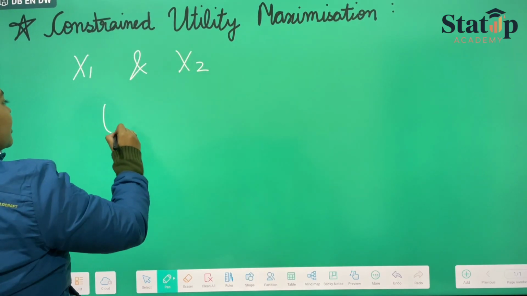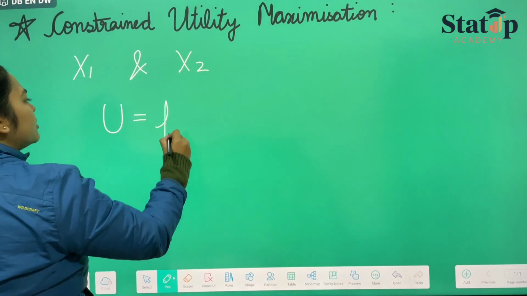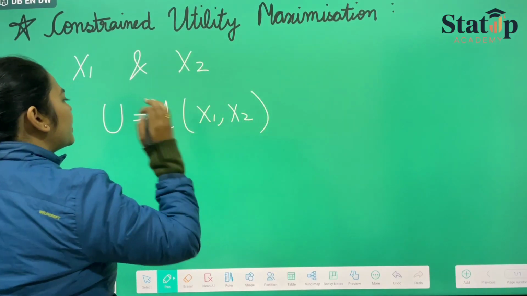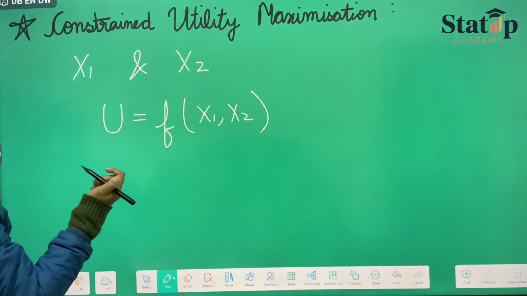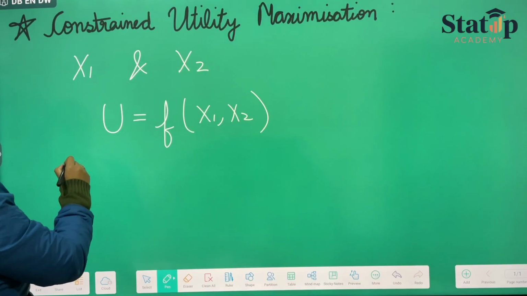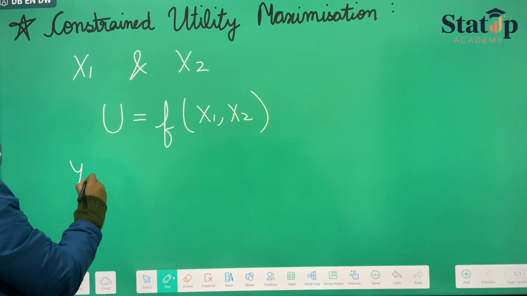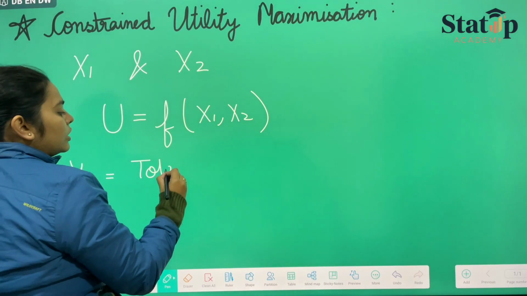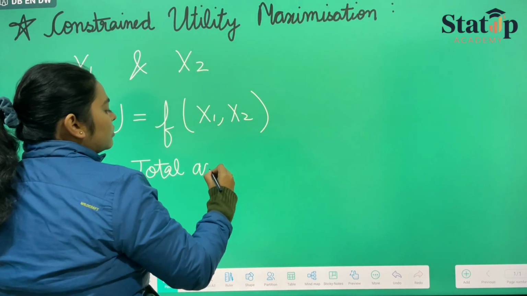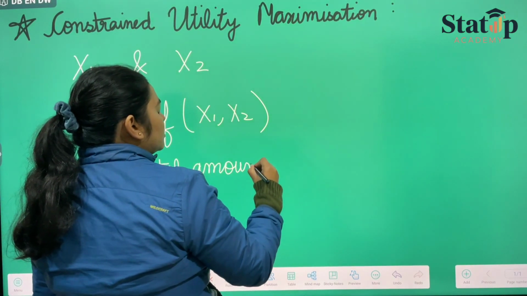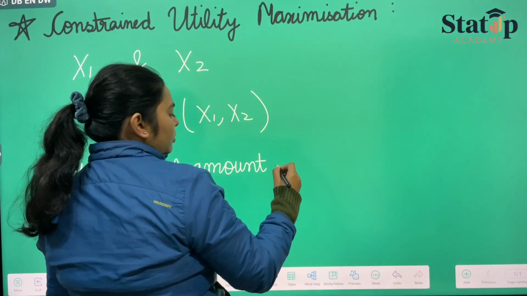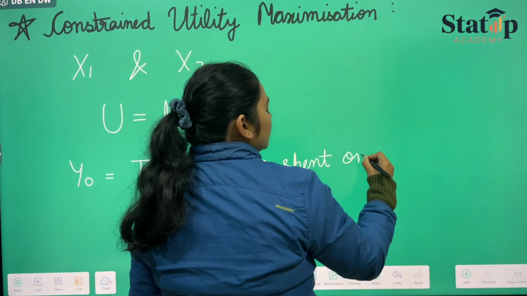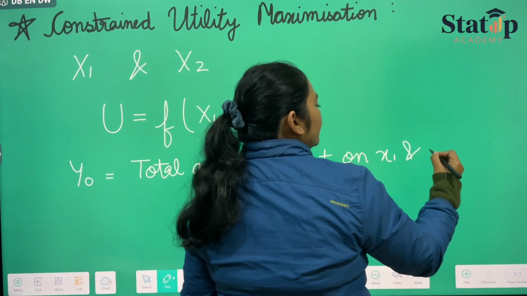So the utility function will be a function of both x1 and x2 respectively, right? So let us denote that if we have y naught, then y naught is the total income or total amount spent on x1 and x2.